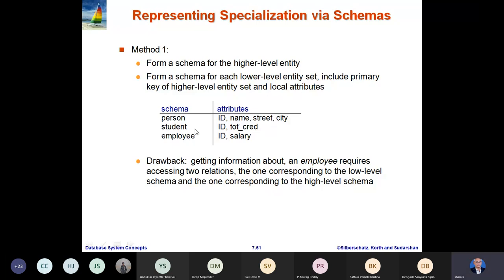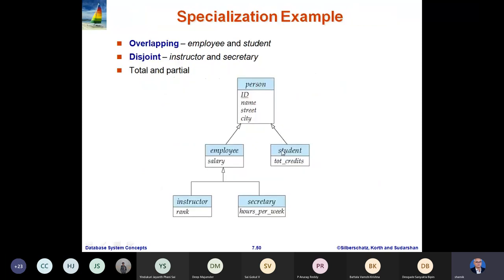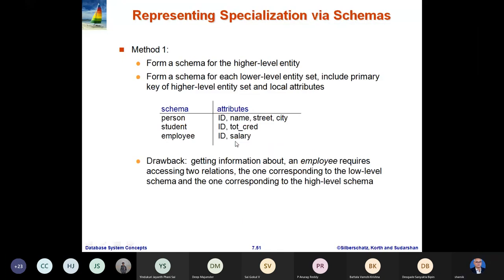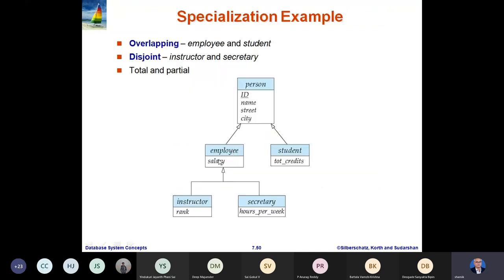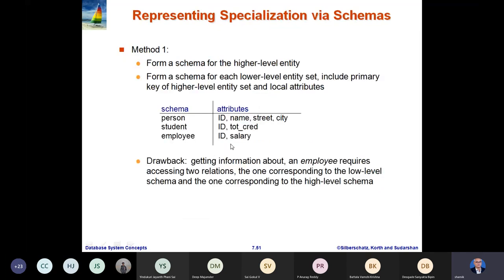Now this student, which is a specialization of person, of course, each student will be a person. So each student also will have an ID, and there will be one row in this person table for these students also, and similarly for the employees and so on. So then what we do is that we have this ID and total credit in a student table, and then similarly we can have employee with ID and salary. Okay, and so that is something we can do.